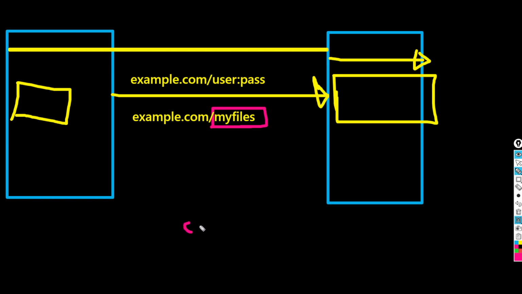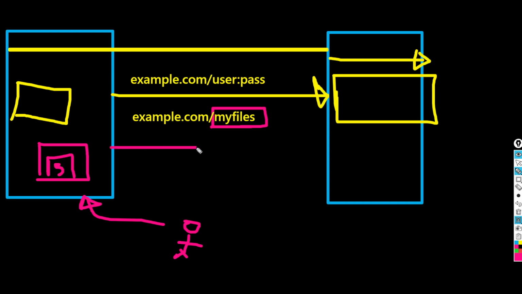Now, here is an attacker. The attacker knows that this website is using the GET method to upload a file. Got it? What the attacker does is simply come to this website, upload a 5 GB file, and directly send this request to the server.